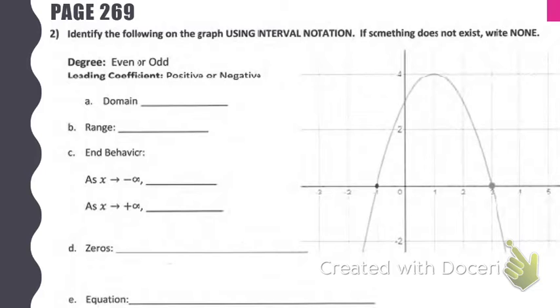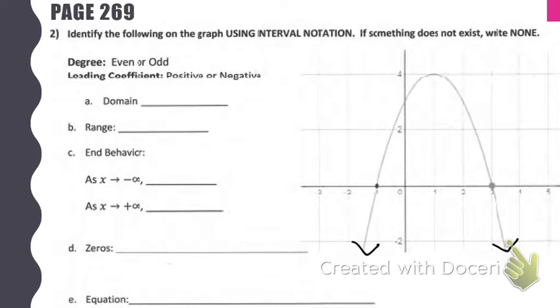So let's look at question number 2. I'm not sure why the graphs never have arrows, so I'm going to add the arrows. All right, what do you think your degree is, even or odd?